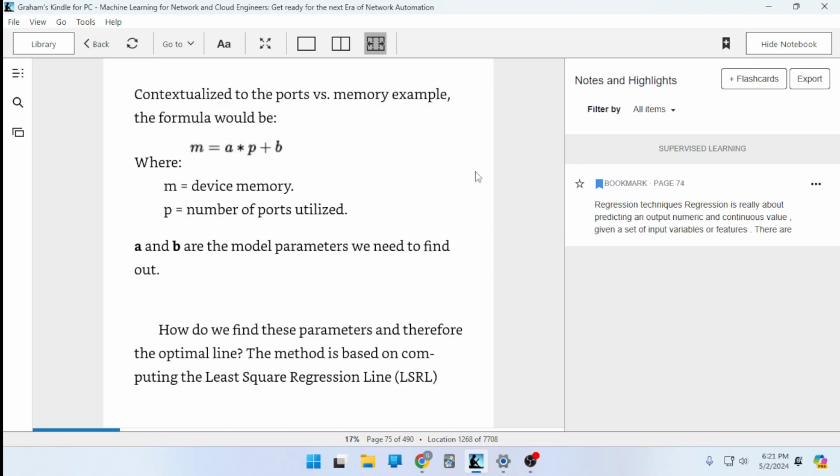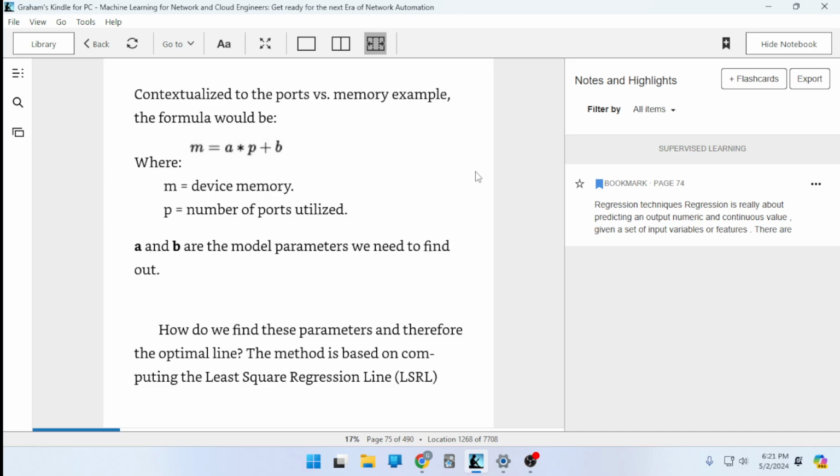Contextualized to the ports versus memory example, the formula would be m equals a times p plus b, where m equals device memory, p equals number of ports utilized, and a and b are the model parameters we need to find out. So don't let any of this make it more confusing.